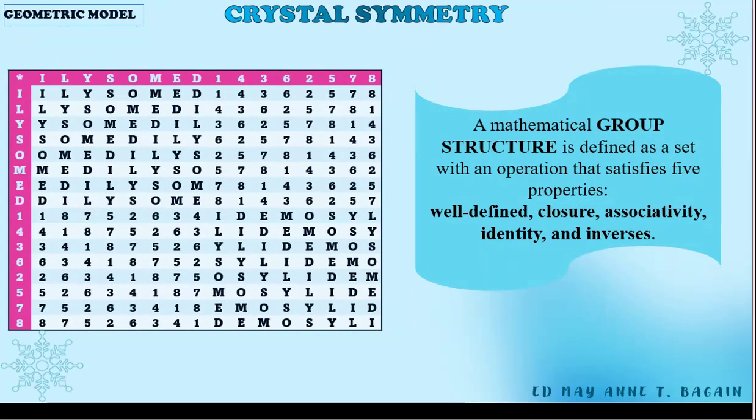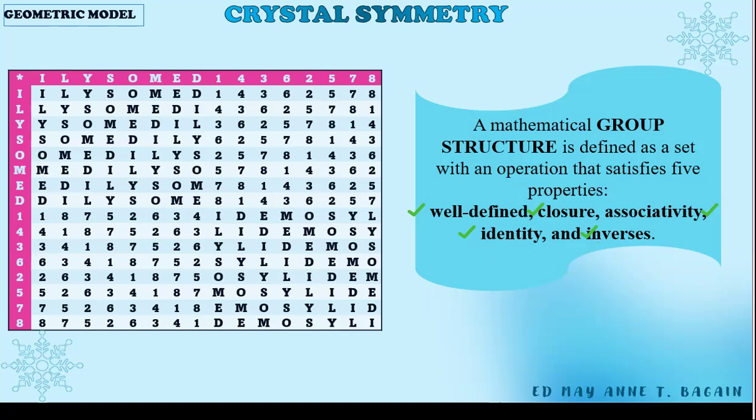We have the number 1, it should be well defined. It should be closed, or it should have closure, and it should be associative or have associativity, it has identity, and it has an inverse for all. Okay, so those would be defined as a mathematical group.